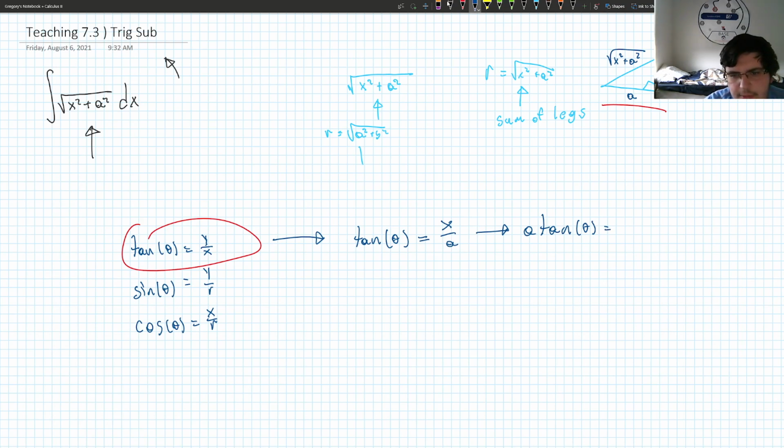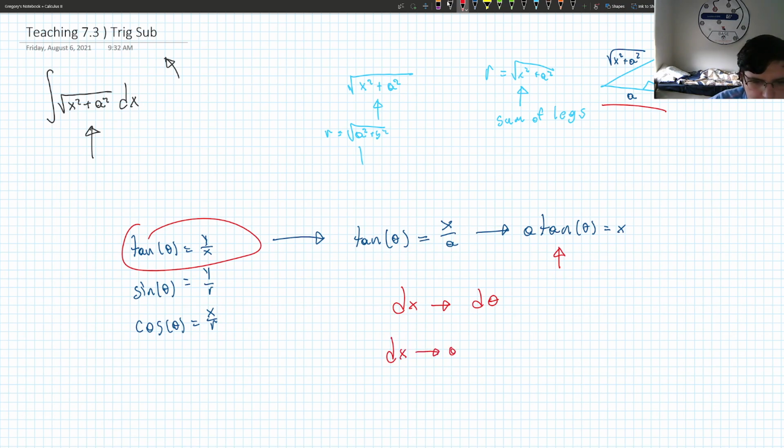So that equals x. Now keep in mind, whenever we substitute here, there is a particular way you're going to substitute with your differential, because your differential is going to change from dx to d theta. The way you substitute with trig sub is a bit different. You're going to take the derivative of this function that you're substituting for, and you're just going to stick this on the end of it.